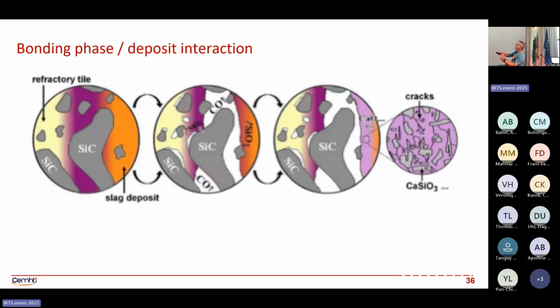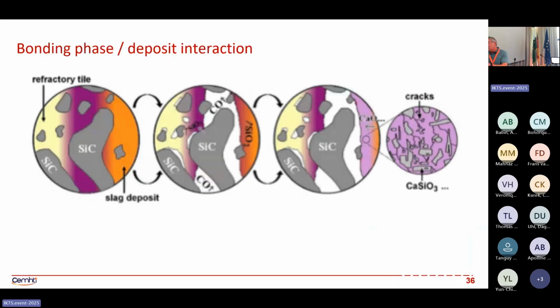The wollastonite, nevertheless, also plays a role because the wollastonite is in this area where the calcium oxide diffuses in the deposit to join the tile and reacts with the silica produced by the oxidation, producing wollastonite.